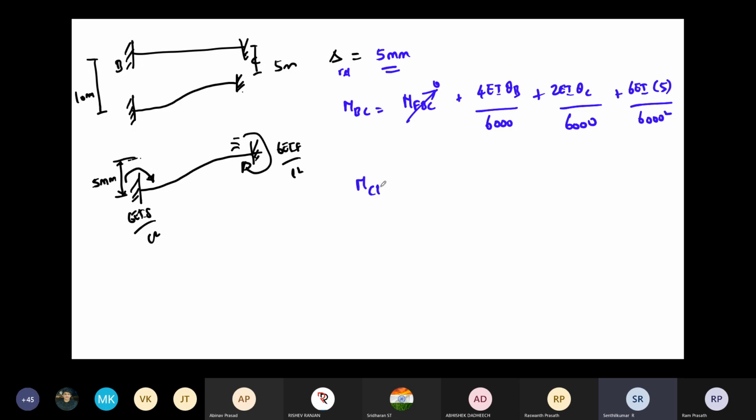What about your MCB? That MCB will be 0. So then 4EI theta C by L, that is 6000, plus 2EI theta B by L, again 6000. And then this is also clockwise, so I can put 6EI del by L square.